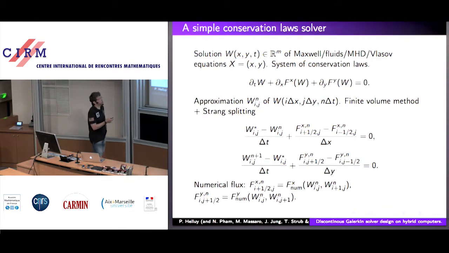So this is a very simple finite volume scheme or finite difference scheme. It's the same in this case. So first you compute one time step of a finite volume scheme in the X direction. So you get a W star. And then you take the W star and you compute one time step of the same scheme in the Y direction.